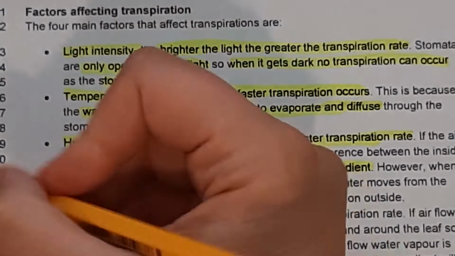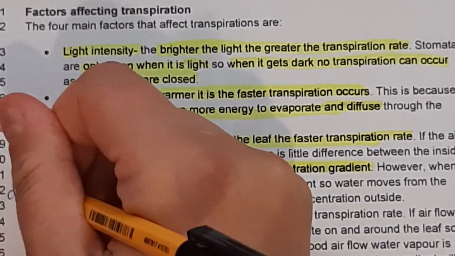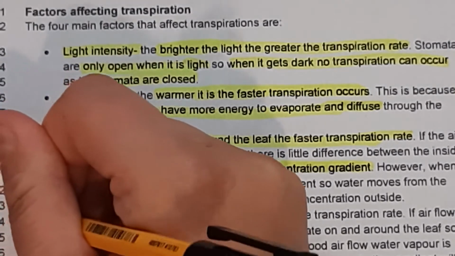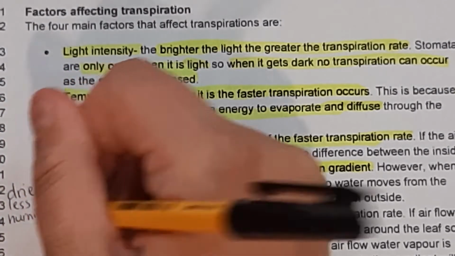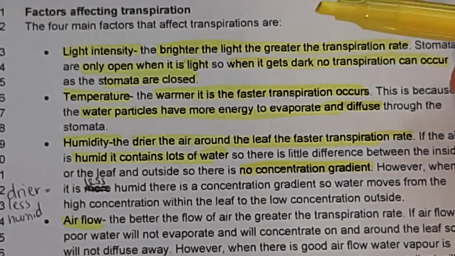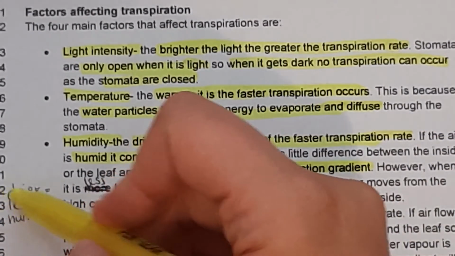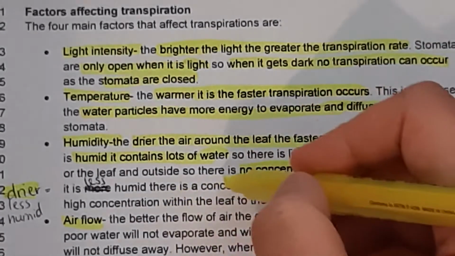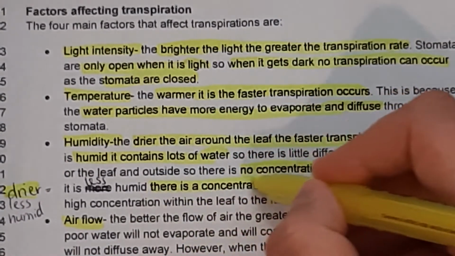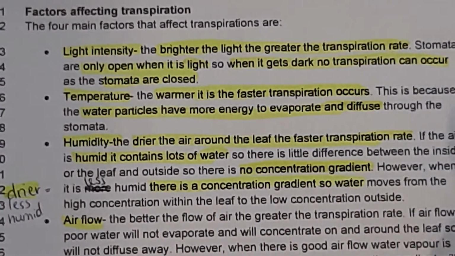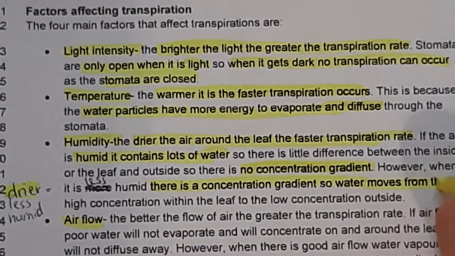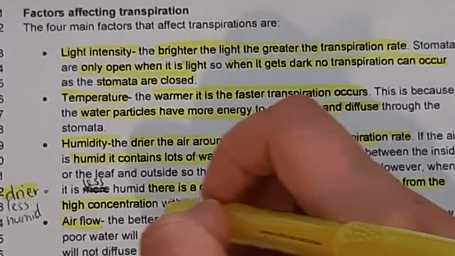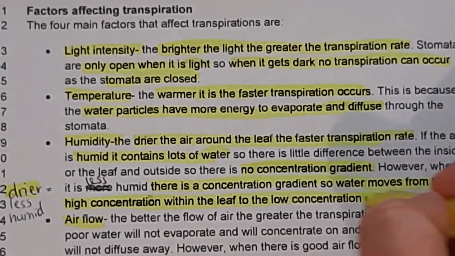So less humid is drier. If the phrase humid is confusing you, feel free to use the phrase drier instead. Okay, so when it is drier, there is a concentration gradient. This time, because it's so dry outside, the water is moving from the area of high concentration inside the leaf to the low concentration of dry air outside the leaf.